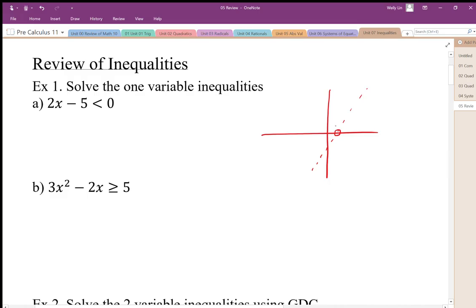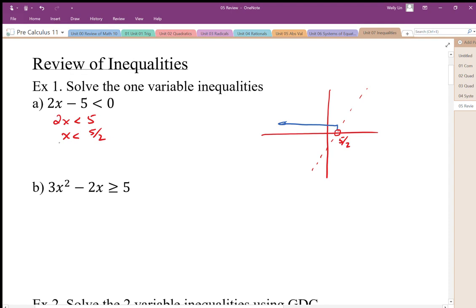So it's going to be this area here. The key is the 0. We can solve these algebraically very easily. We solve this by adding 5 to both sides and dividing by 2. We know that the boundary is 5 over 2, or 2.5, and that the solution is to the left.